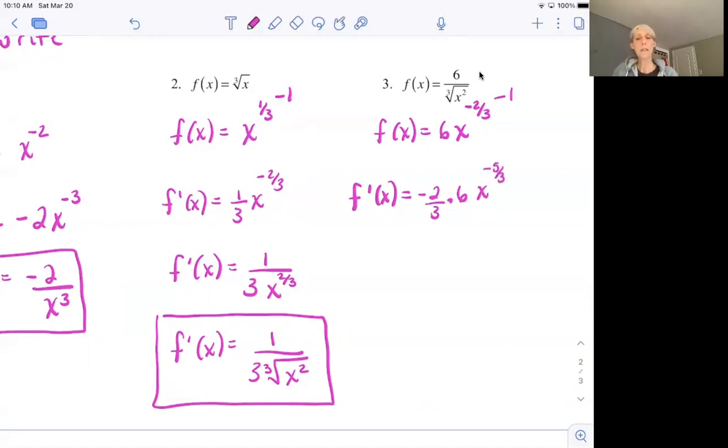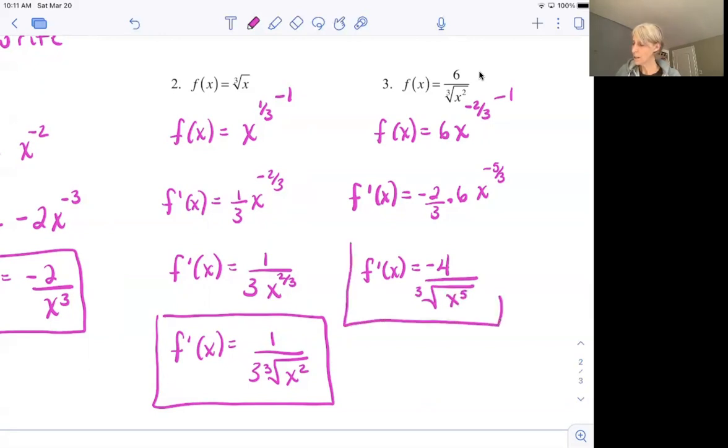And then I'm going to clean this guy up. So -2 times 6 is -12/3. That would be -4 over cubed root of x to the 5th power.